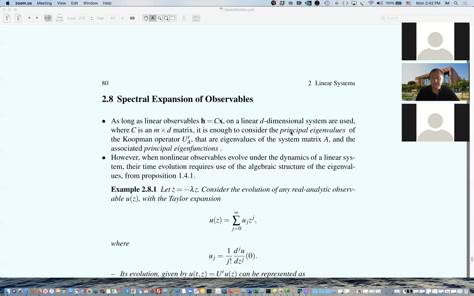And in that case, it was enough to consider the principal eigenvalues of the operator, in other words, the eigenvalues of the system matrix and the associated principal linear eigenfunctions. But when we have nonlinear systems, nonlinear observables, that will require a little bit more work.